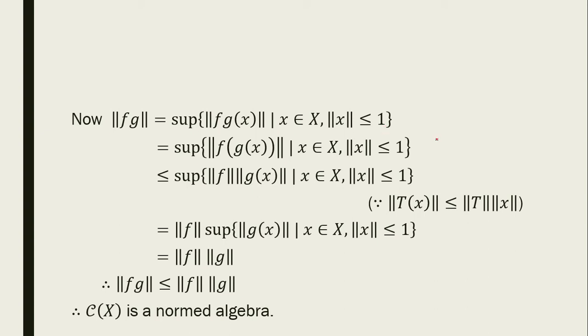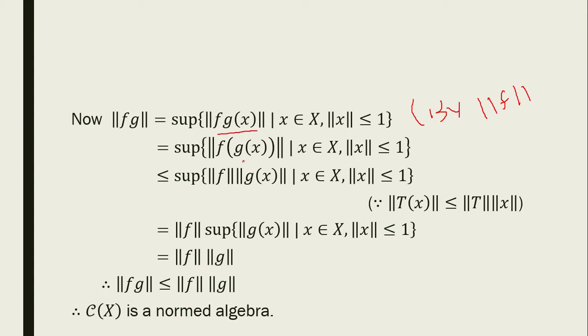By the definition of norm, and by the third condition, it is the supremum of F into G of X multiplication, where X belongs to X, norm X less than or equal to 1.